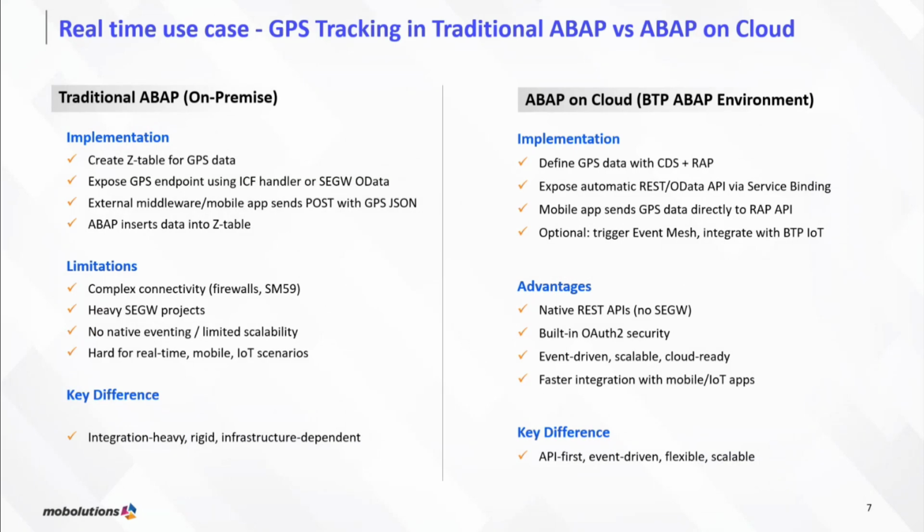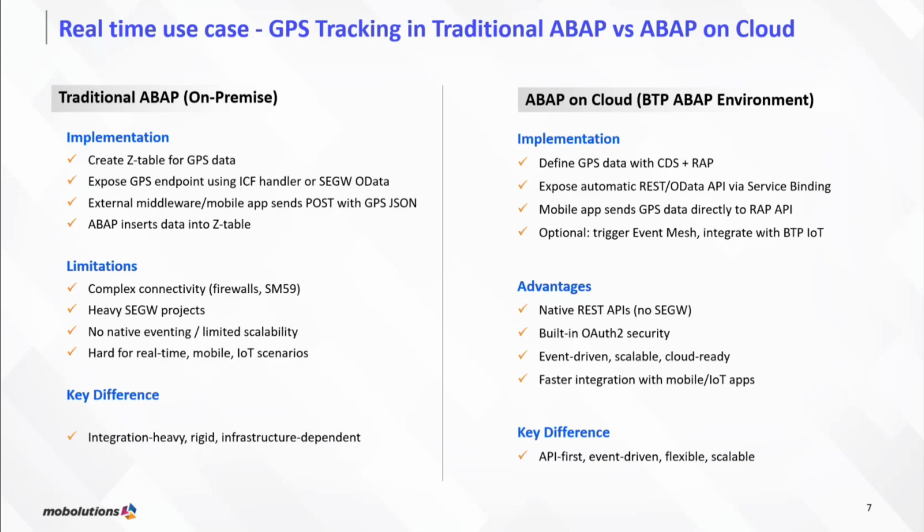Let's quickly compare GPS tracking in traditional ABAP versus ABAP on the cloud as a real-time use case. In traditional ABAP, the process can feel a bit heavy and cumbersome. You would start by creating Z tables, which are custom tables to store GPS data, expose APIs through ICF or SEGW, and then manage complex firewalls and system configurations.